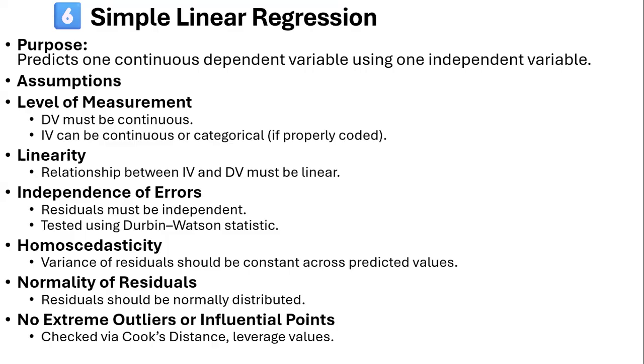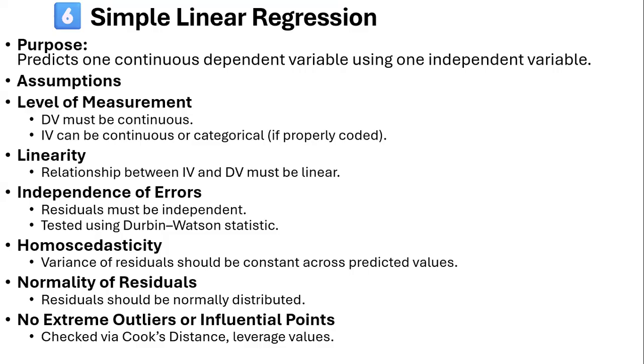Then independence of errors, which means that the residuals or the error terms that are observed must be independent of the predictors. And you can test this by using the Durbin-Watson statistic, which normally comes with the outputs of the regression analysis.